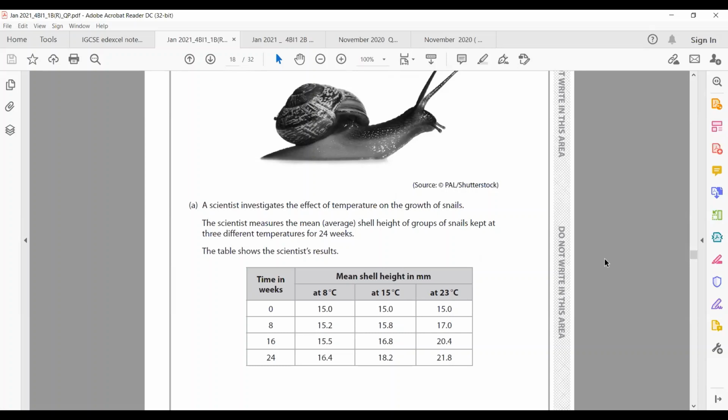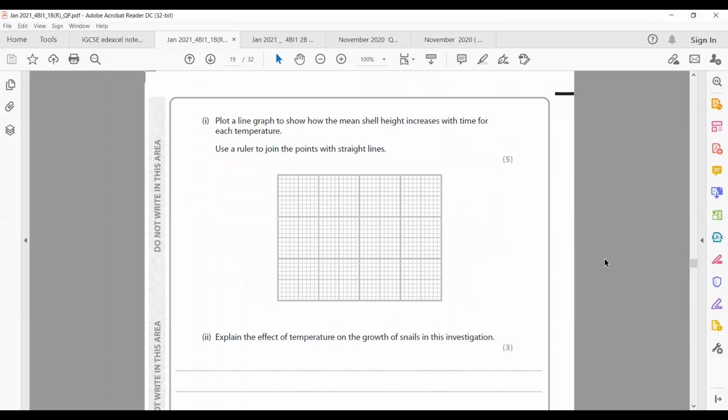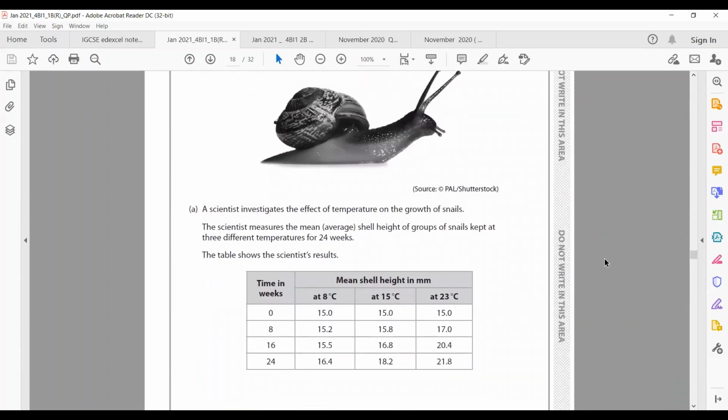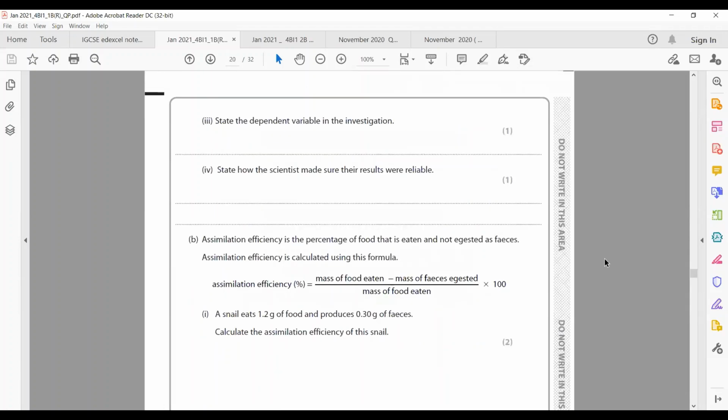I think you repeated the experiment. Of course. Look, guys, okay. Here I can also say because the scientists used groups of snails, meaning it is not talking about only one group. Whenever you find how the scientists can be sure that the result is reliable, say by making repeats and taking the mean.